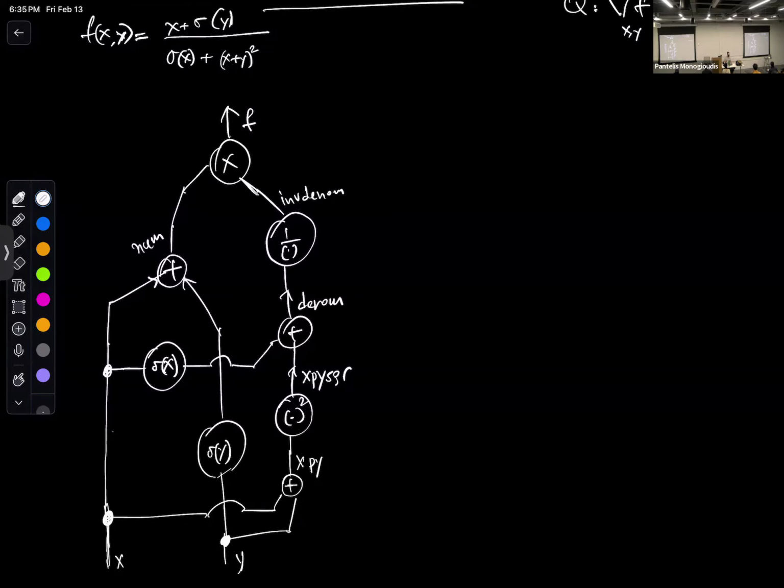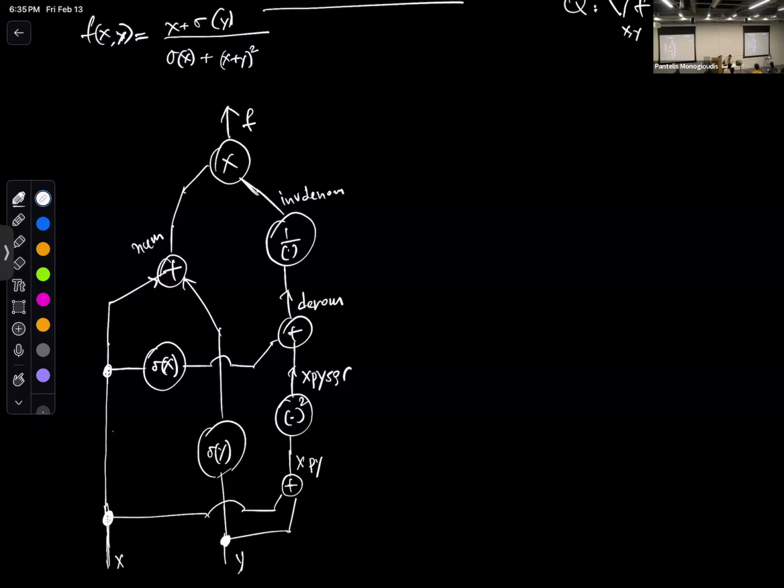To differentiate, I hope you're persuaded that this computational graph gradually calculates f. Okay. So backpropagation will have two passes, as we call them.